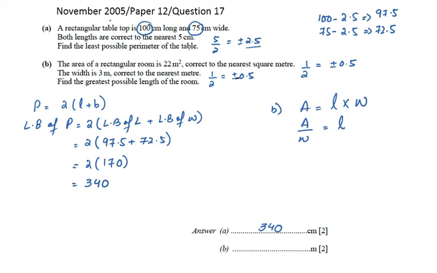So in this part we have a condition of division. To find the greatest possible length means we will find the upper bound of length. So to find the upper bound of length, we will take upper bound of area divided by lower bound of width.